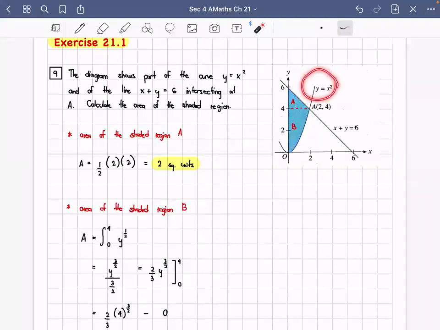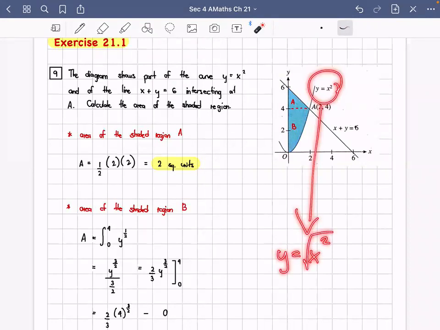Basically, I need to change y is equal to x squared so that it is in terms of y. So basically, remove the square, so the squares cancel out. So x is equal to root of y, or simply y raised to 1/2. That's why I got this y raised to 1/2 here. That's the process I did.